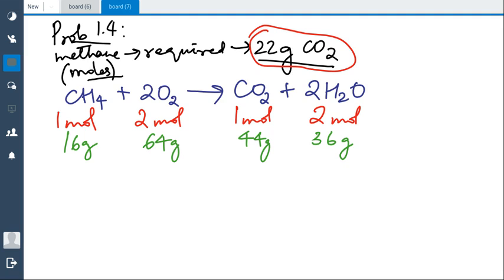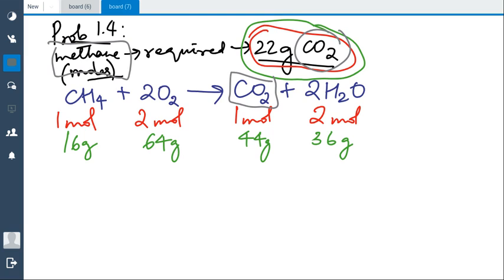Now, according to our question, we need to produce 22 grams of carbon dioxide. So I'll write it. We need methane and we need carbon dioxide. Carbon dioxide is here, methane is here. So we're not concerned about the rest of the reactants. We are only concerned about methane and carbon dioxide. We need to find the number of moles of methane.